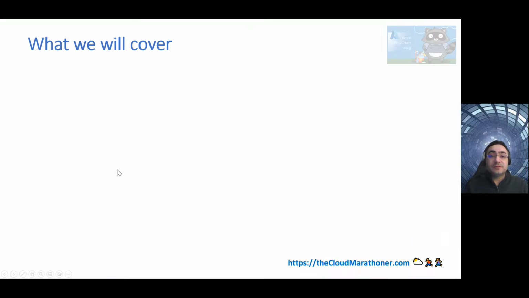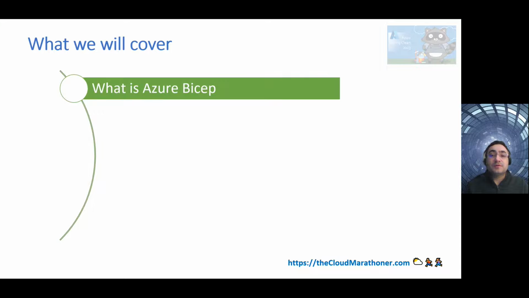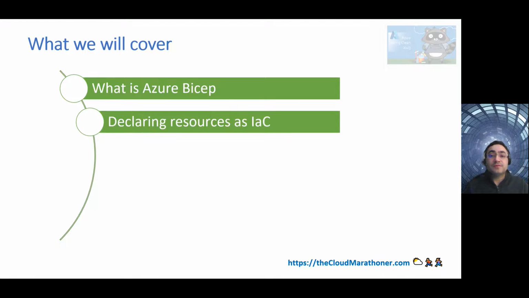That said, let's switch the gears here and start our session. So what we will cover in this session is we will start with a brief introduction to Azure Bicep, then we'll look into how to declare resources as infrastructure as a code, how it looks like.